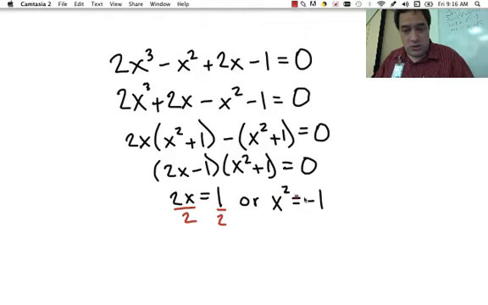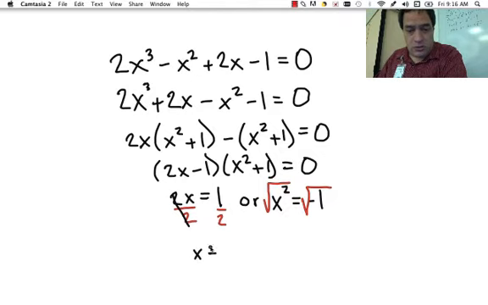And for this one, we take the square root of both sides. These cancel, and I'm left with x equals 1/2, which is your rational root. 1/2 is a rational number.